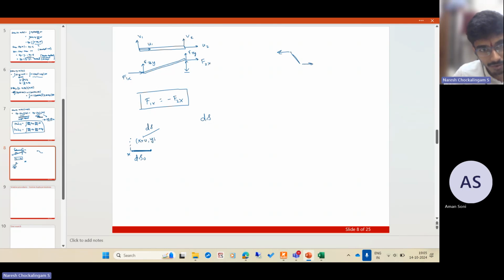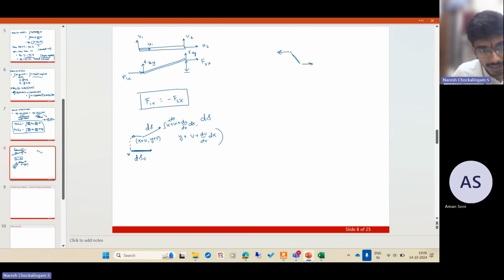Vertically, it will be some y plus b. And this point will go to x plus u plus du by dx, and y will go to y plus, sorry, this goes to x plus dx, right? So initially it's x plus dx, and y will go to y plus b plus dv by dx times dx.